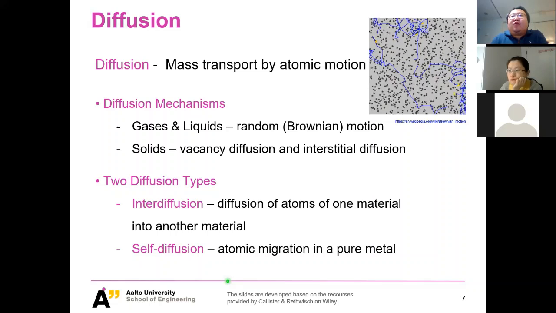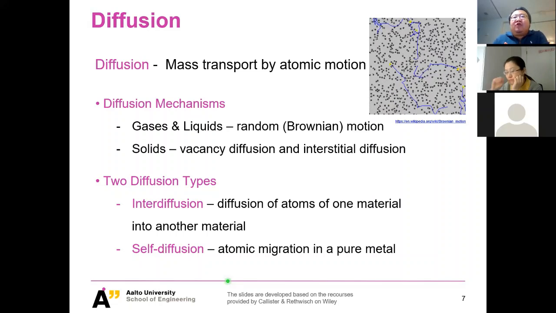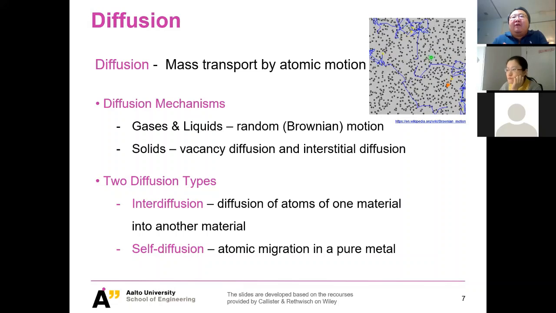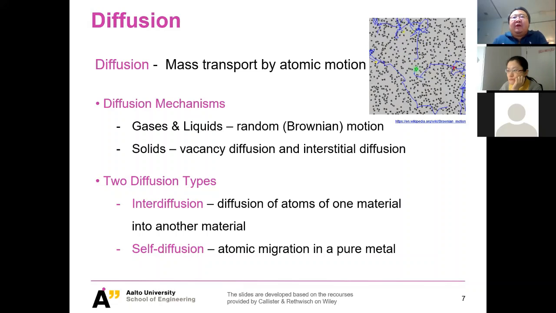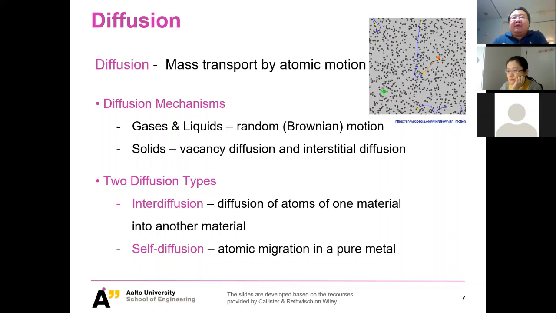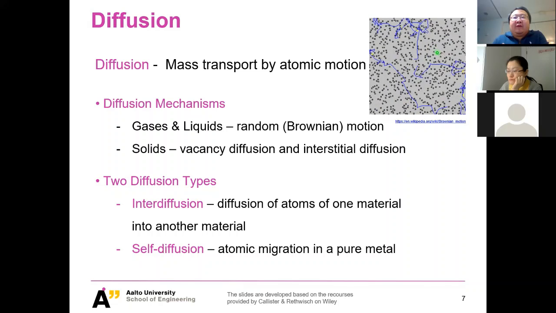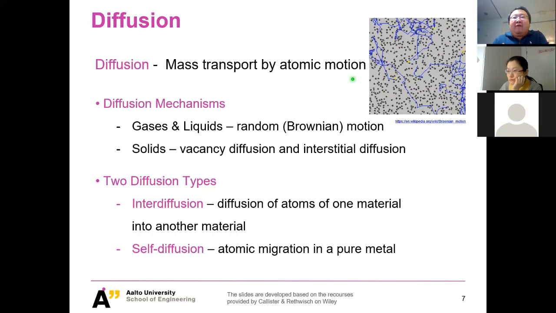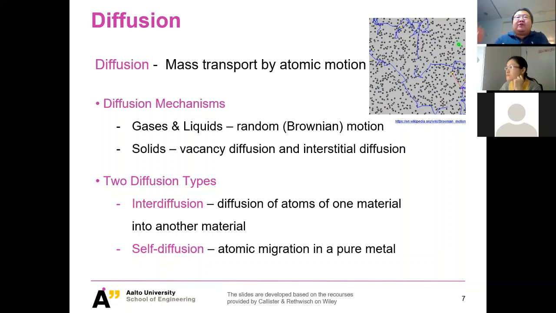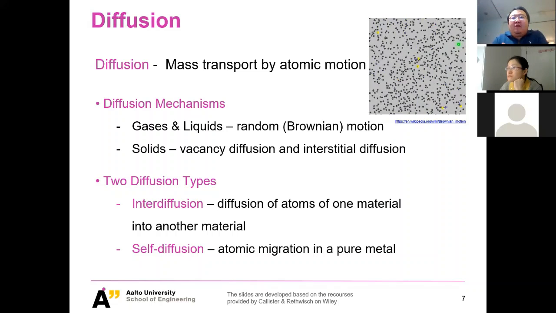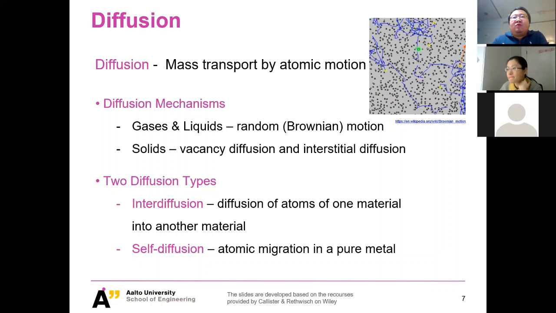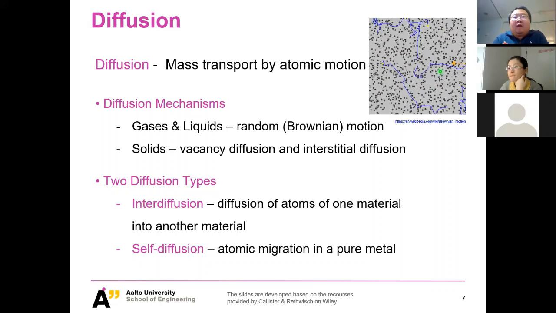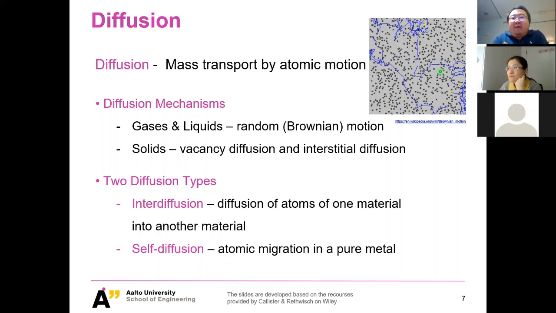This is a simulation. Basically, if you pay attention, first we have two particles or two atoms at the center of these gas atoms. And soon after, these two just go everywhere into the space. You can see the blue curve is noting their path.